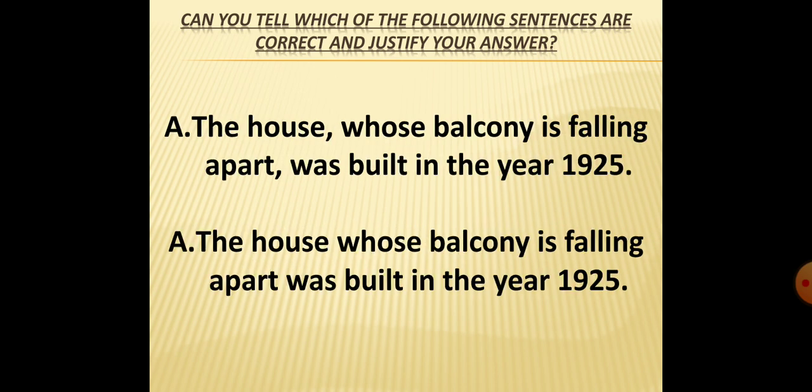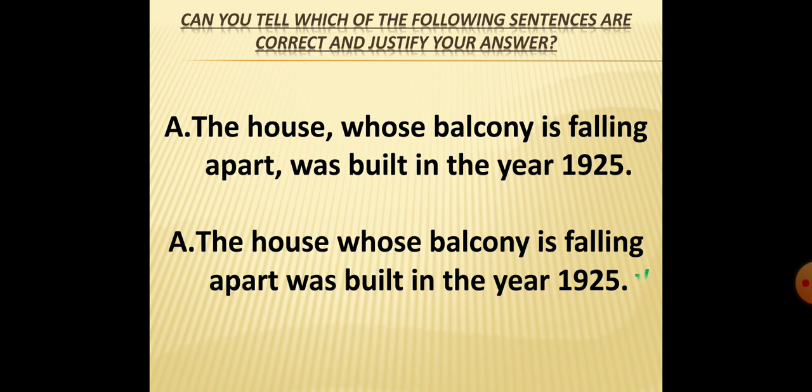Next one. The house whose balcony is falling apart was built in the year 1925. So here, which one of them is correct? It is, of course, the second one, because it restricts which house we are talking about.